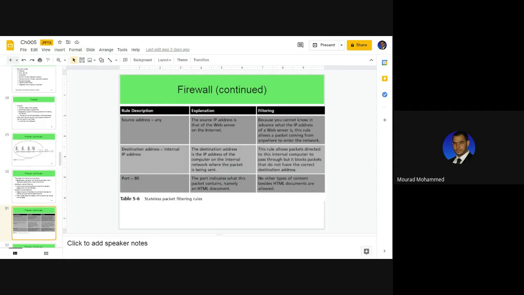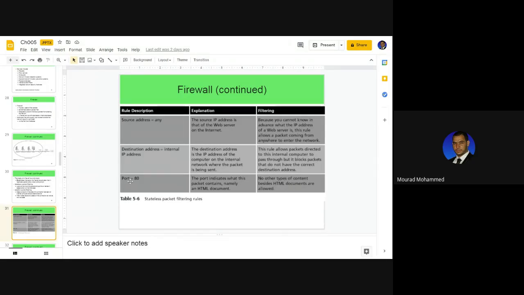Another filtering rule is based on the services. If the port is 80, it means opening the web. Any web source, any HTML or HTTP running service, would be blocked, denied, or enabled, depending on the rule.